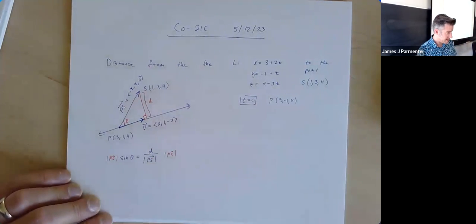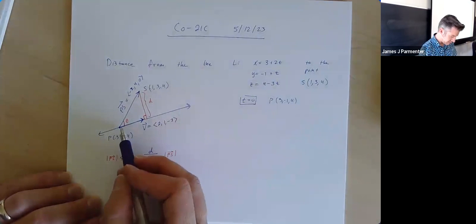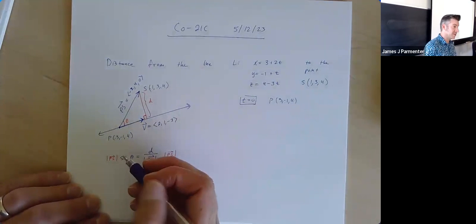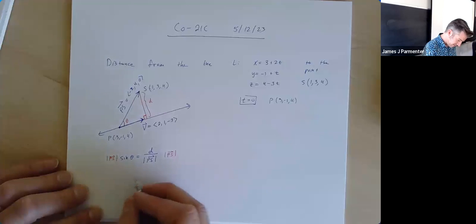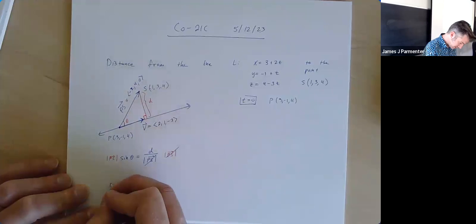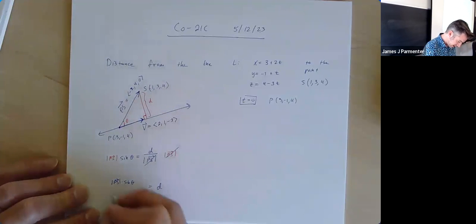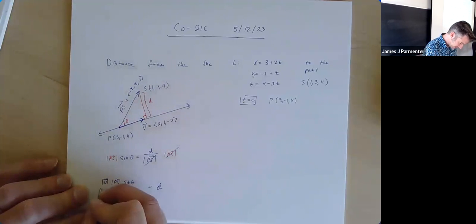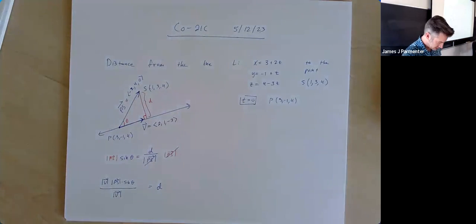And then I'm going to multiply the left-hand side also by the magnitude of V and divide by the magnitude of V. So what I'm going to have here is that D, the distance, is equal to the magnitude of PS times sine of theta, and then we're also going to multiply by the magnitude of V and divide by the magnitude of V. The reason we are making these choices is so that the top part of it is the magnitude of the cross product of V and PS.